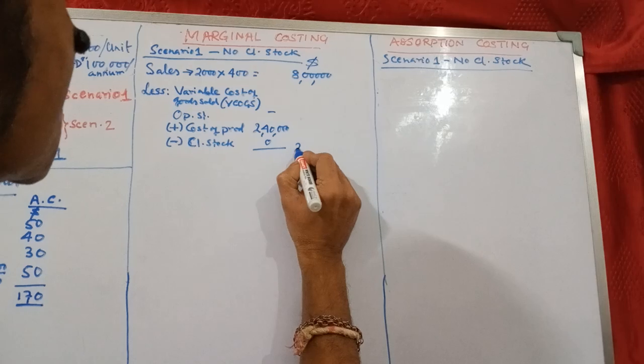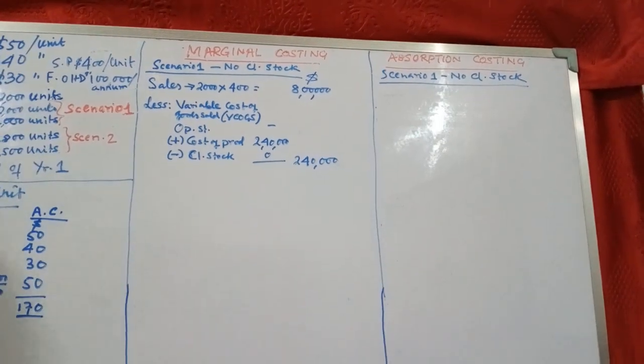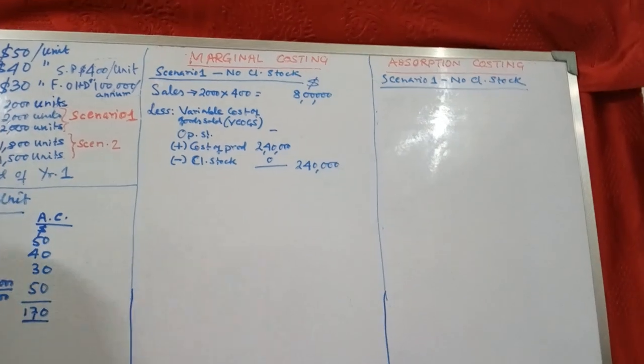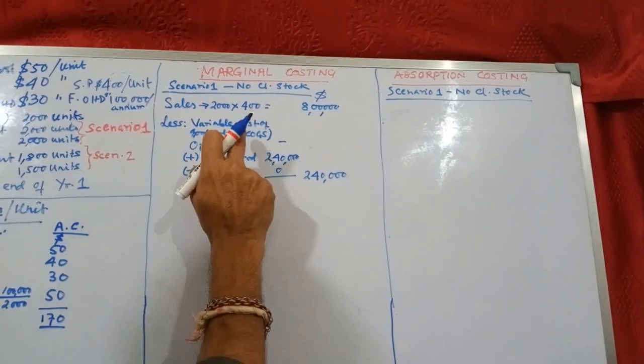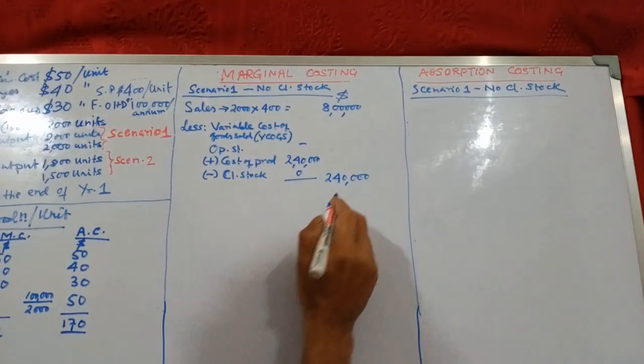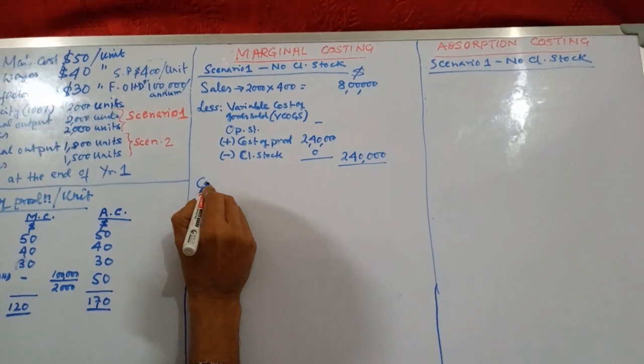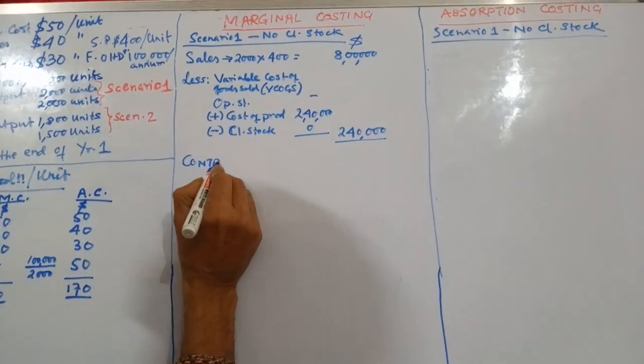So this is 2,40,000. Correct? Now sales less variable cost of goods sold, that is VCOGS, gives us contribution.